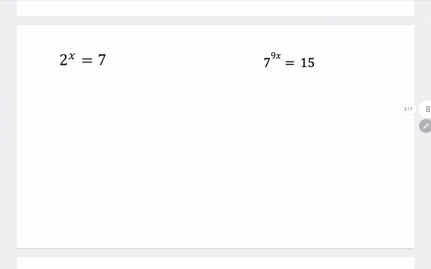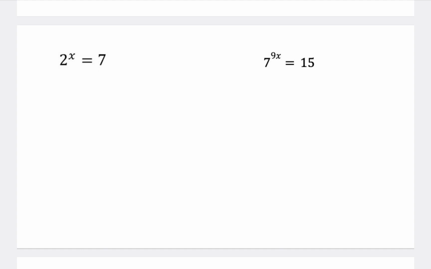Now, what happens if we can't get a common base? So in this next example, we have a base of 2 and a base of 7 on the other side. And 7 doesn't have an exponent, but it's still a base. There's an invisible exponent of 1 there. But we can't get a common base between the two.